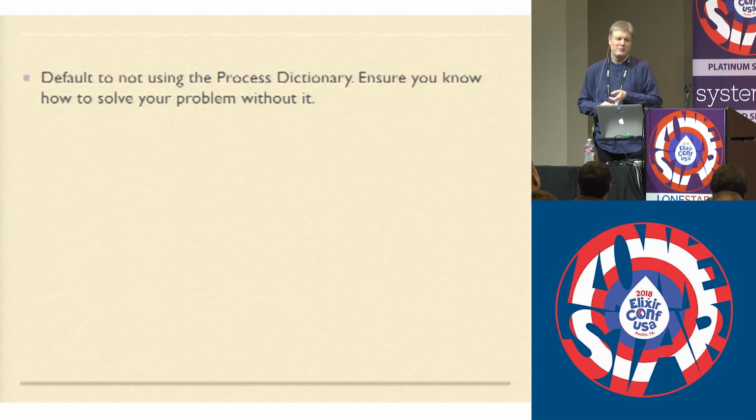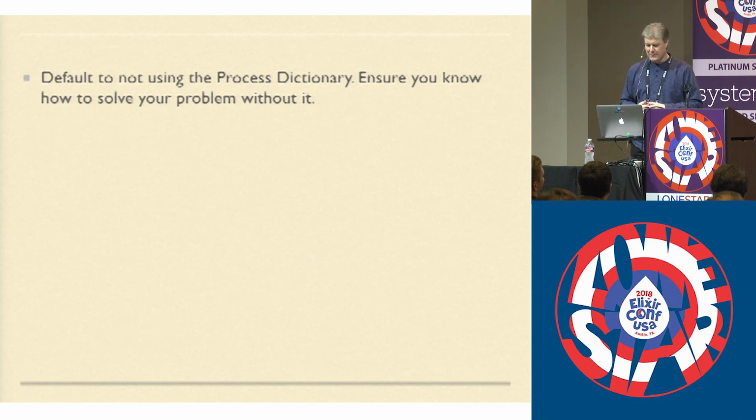You should be able to do manual recursion. Don't use these things for just loop variables. That's certainly not anything we saw in any of the examples. So get functional programming into your brain before you consider the process dictionary, would be my first advice. Pretend you didn't hear this if you're not at that level yet. And then when you are, you can review it.